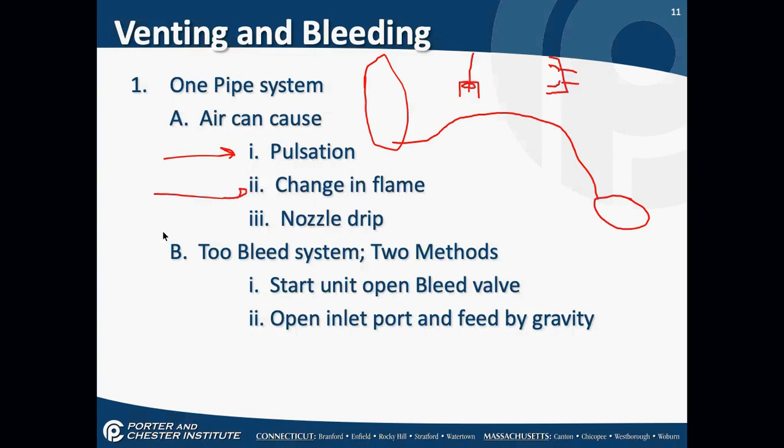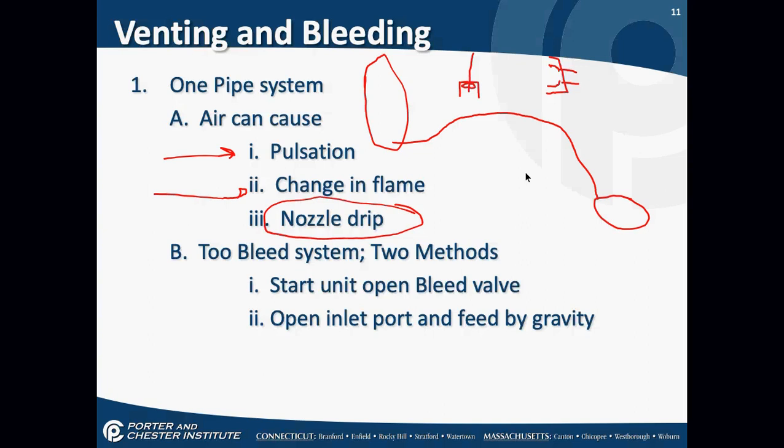And the more important thing is that when the burner shuts off, an air bubble that's in the nozzle side that might be caught in the nozzle filter can actually break the vacuum that's created and allow the nozzle to drip unburned fuel into a hot combustion chamber.